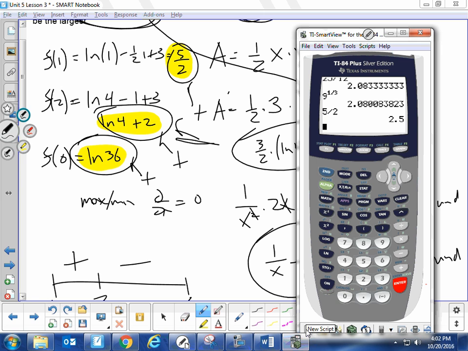just because I can. There's 5/2. This is log of 4 plus 2. That's bigger. Log of 36 is bigger. What did I do wrong? I might have done something wrong.